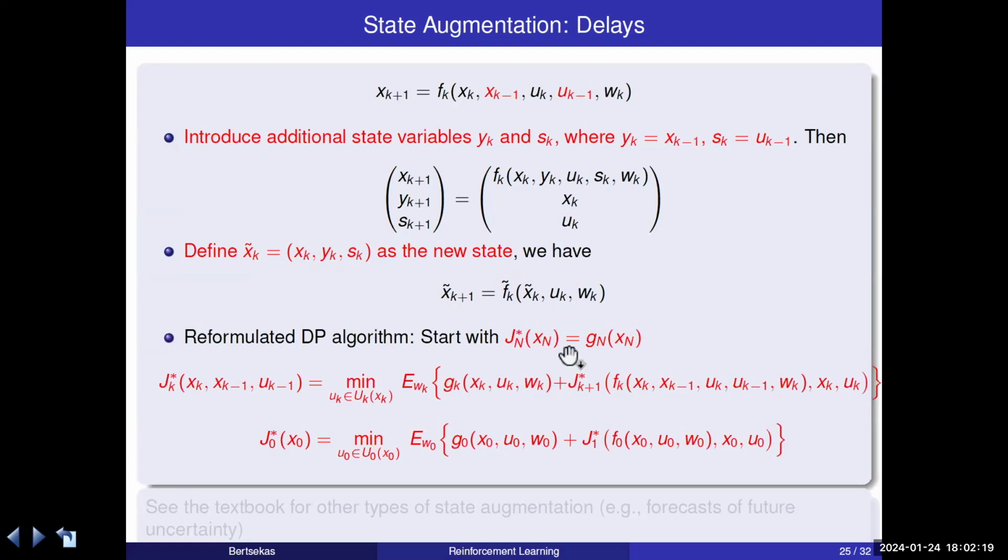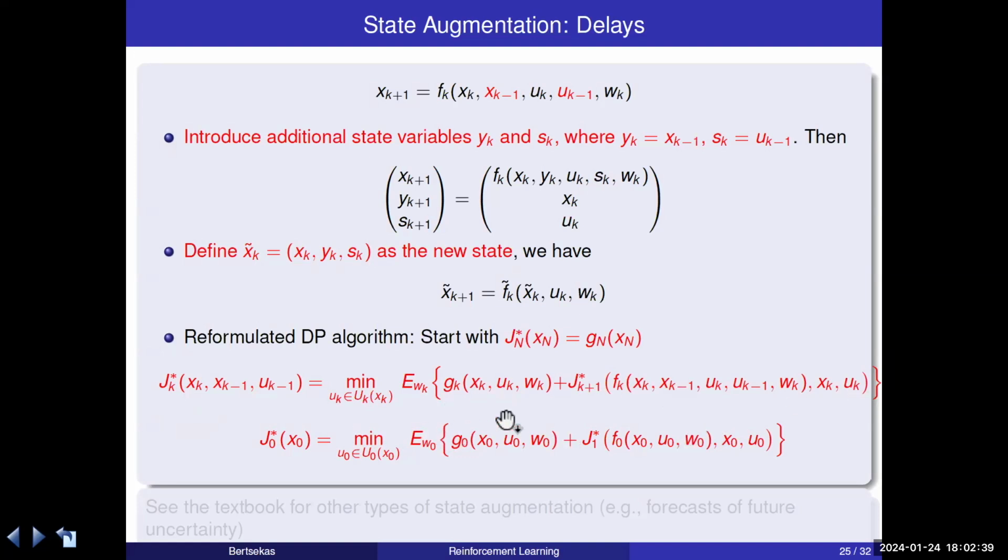The dynamic programming algorithm starts from the terminal state as usual, and then at the typical step, the optimal cost to go at time k depends on the augmented state, which is x_k, x_{k-1}, and u_{k-1}. It's a bigger state, and the equation is what you see here.